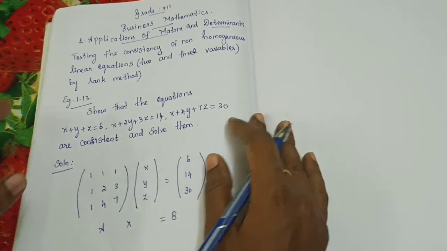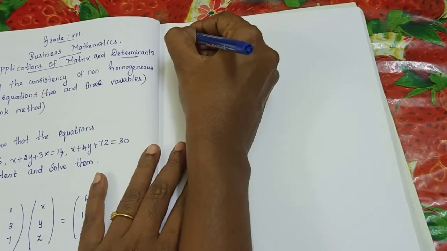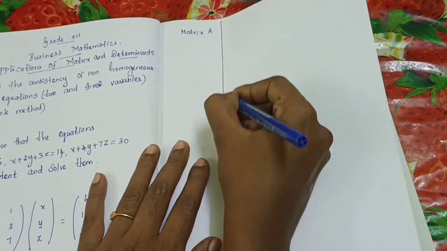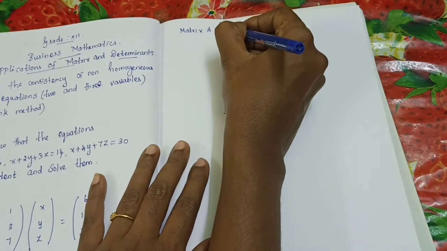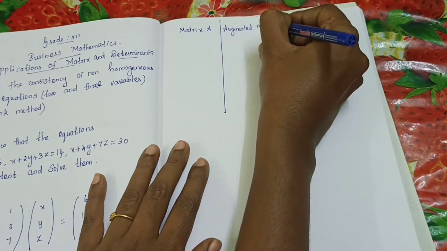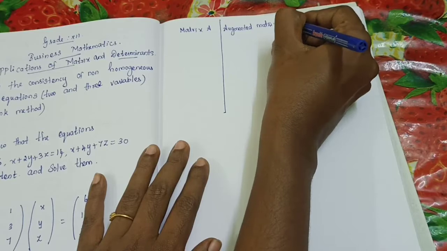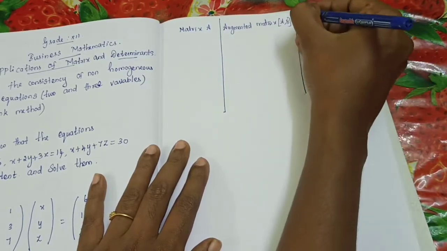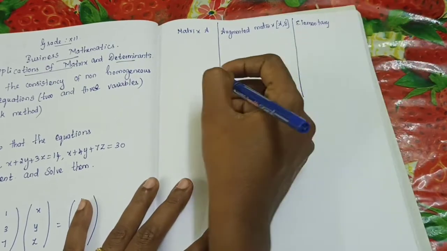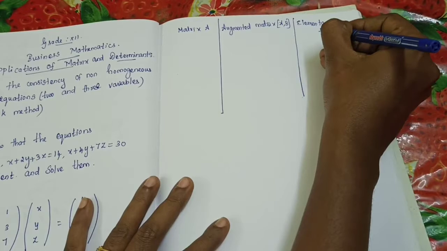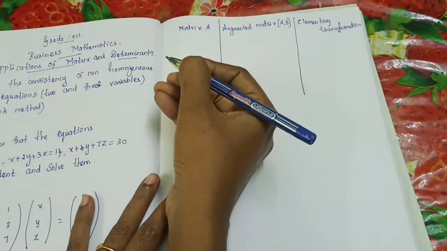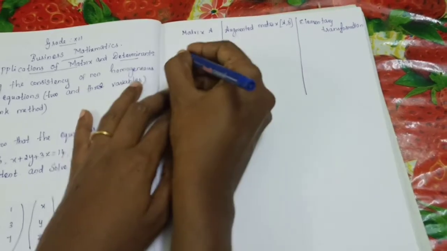So I am writing matrix A here, then the augmented matrix A comma B, and then the elementary transformations.